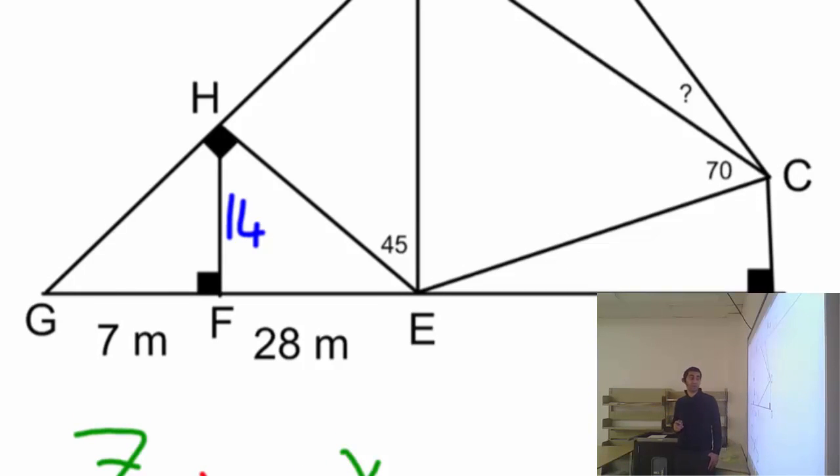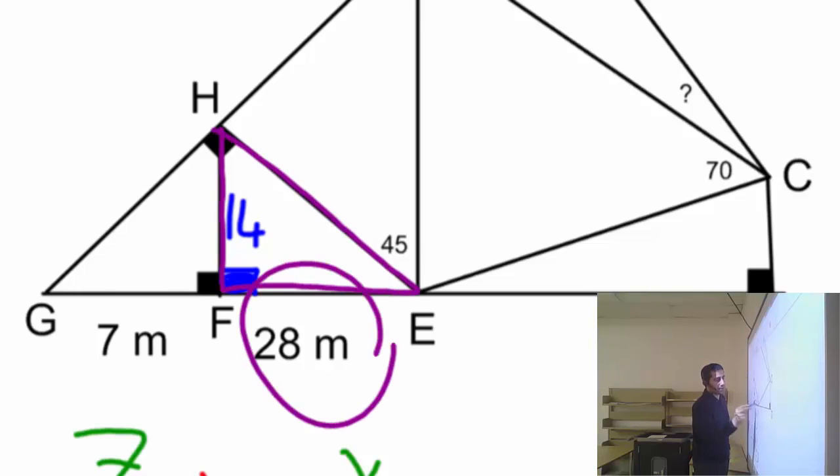What do I do with this information? What I know is that if this is 90 degrees, that will also be 90 degrees. So now look, what I have here is another right triangle, and I know this, I know that.